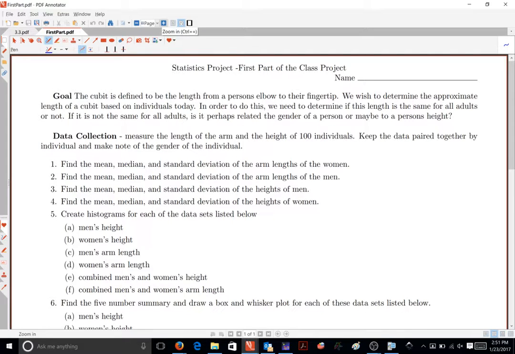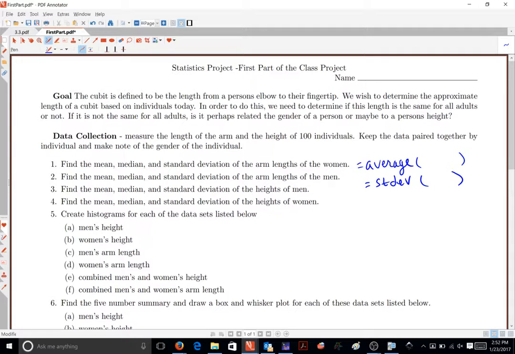So you want the average, you do equals average and select, and then equals STDEV and select, and that will give you the average and the standard deviation. So that won't take you long at all. You're going to do that for the women. You're going to do the same thing for the men, for the arm length, and for the heights separately.